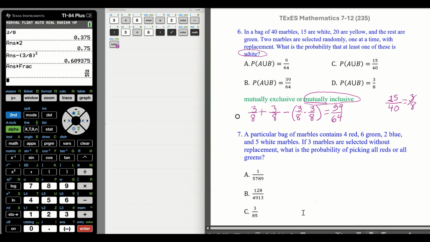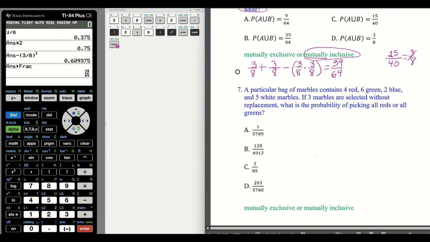Okay, let's look at number 7. A particular bag of marbles contains 4 red, 6 green, 2 blue, and 5 white marbles. If 3 marbles are selected without replacement, what is the probability of picking all reds or all greens? Okay, let's decide if this is inclusive or exclusive.